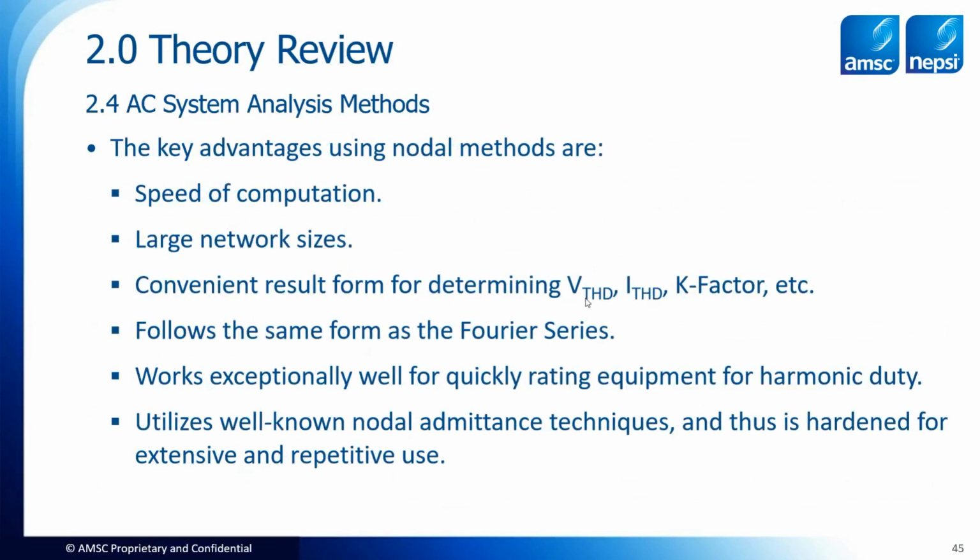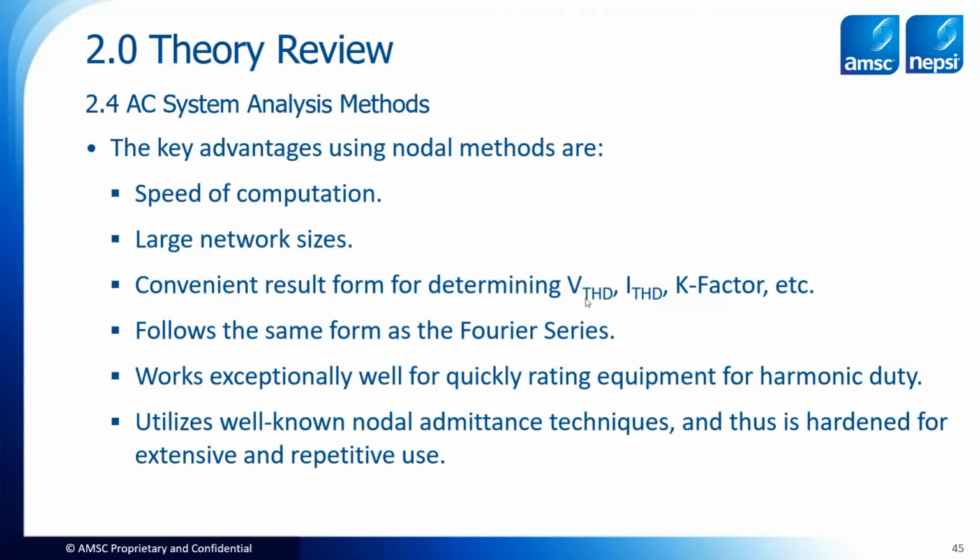The key advantage of a nodal method: speed of computation. You can do large network sizes. It's a convenient result form for calculating VTHD and ITHD, K factor, and everything. It follows the same form as the Fourier series.